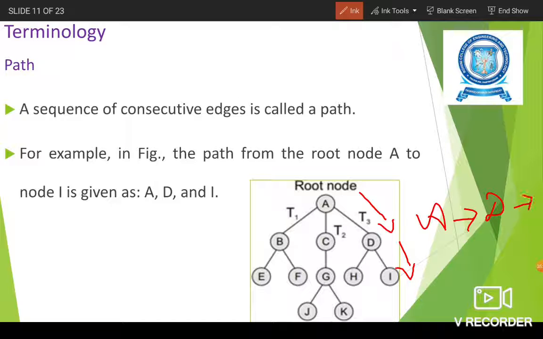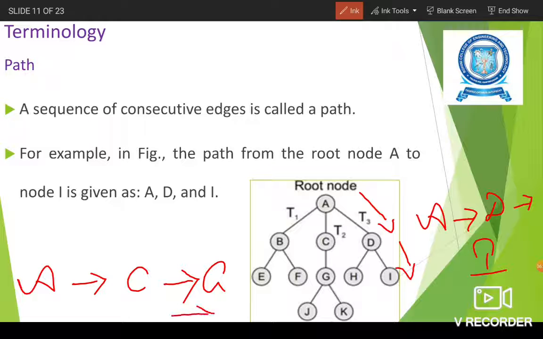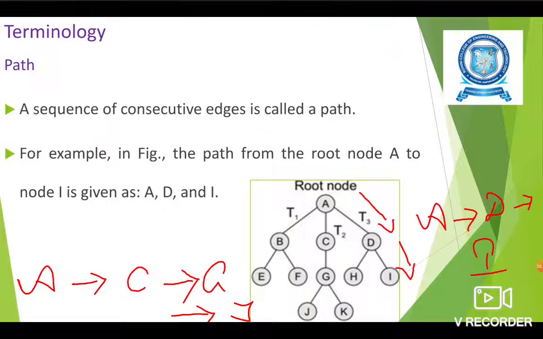A to D, D to I. Similarly, can you tell me the path for J? So from A, I'm moving through the edge, A to C, then C to G, then G to J. So this is a path. So path is a sequence of consecutive edges.